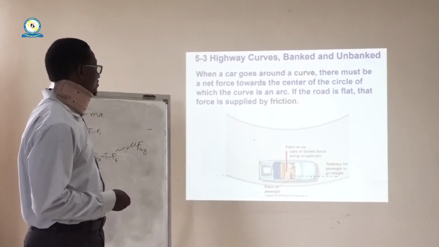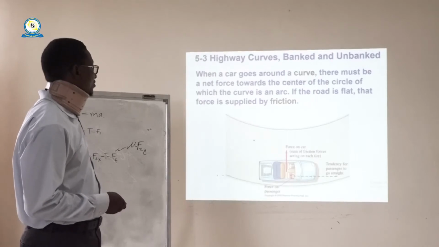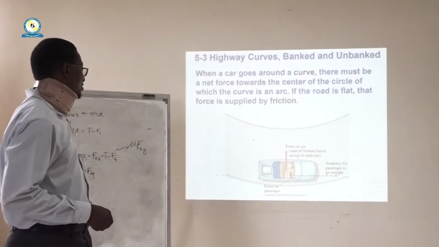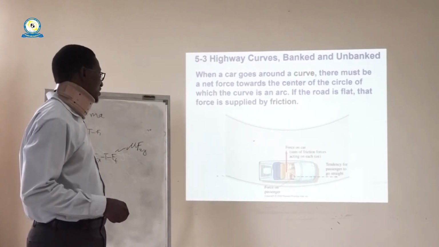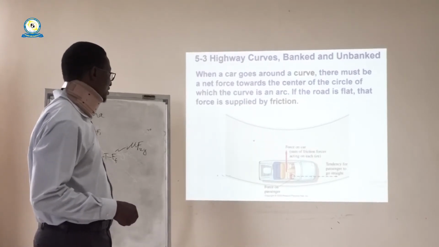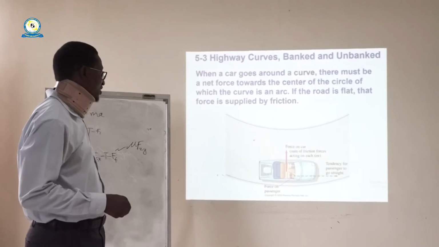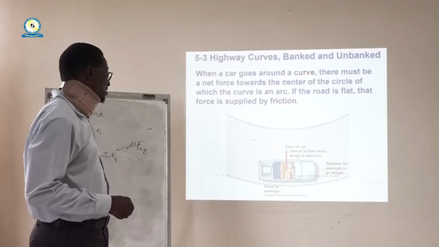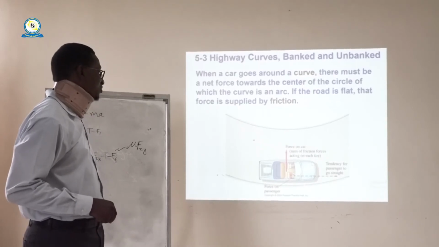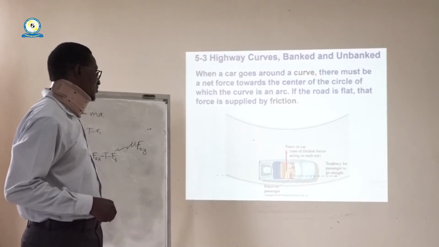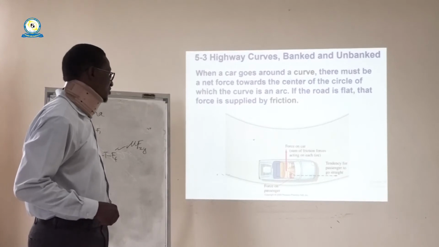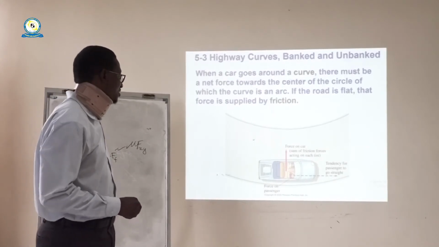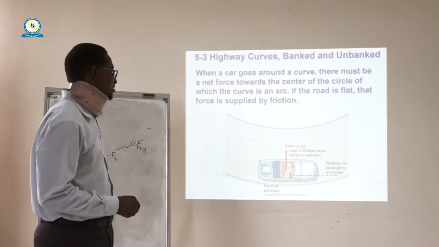Highway curves, banked and unbanked roads. This is our road. You can see the car here making a turn or corner. So this point here is down compared to this point here. So when this car is moving, it's like it's pulled toward this side, the center.